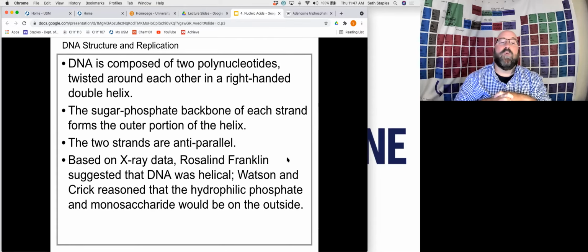That's really not in doubt when we look at scientific history. Watson and Crick were able to take her work a little bit further, and what they really found was that the hydrophilic phosphate and the monosaccharide are on the outside. So they were able to dive into the structure a little bit deeper, but very much based on the work of Rosalind Franklin, who unfortunately didn't get her credit until years later.